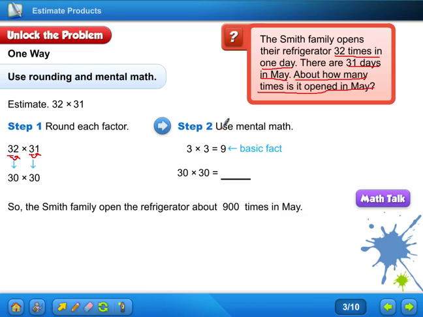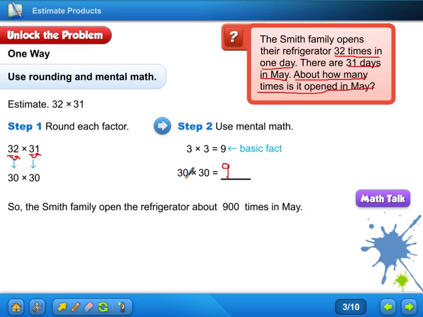Now, step 2, we're going to use mental math. So I know the basic fact, 3 times 3. If you don't know 3 times 3, you can do your 3 song. 3 times 3 is 9. I'm going to write 9 here.